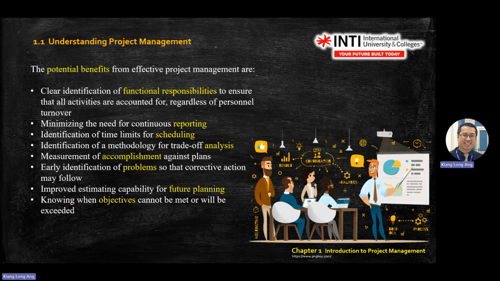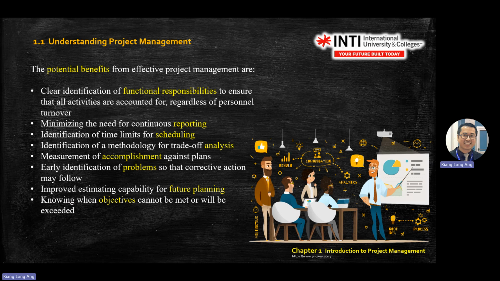So when you have effective project management, you will keep seeing some keywords repeating throughout the module. One is the functional responsibility, so the departments know what they should do.